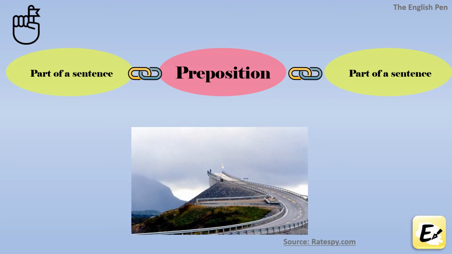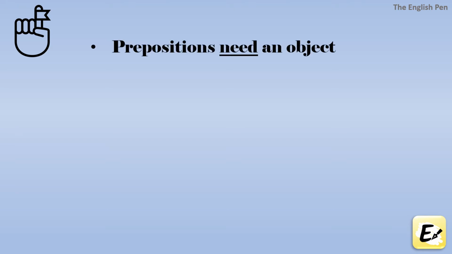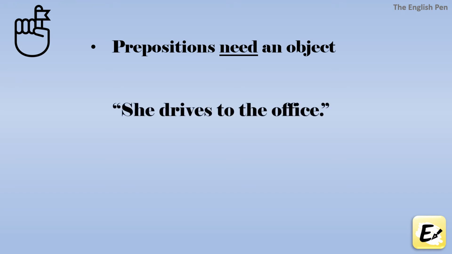Same goes for prepositions. Secondly, nouns follow prepositions because prepositions need an object. In this case, the object is a noun that completes the meaning of the preposition. For example, she drives to the office. She is the subject.